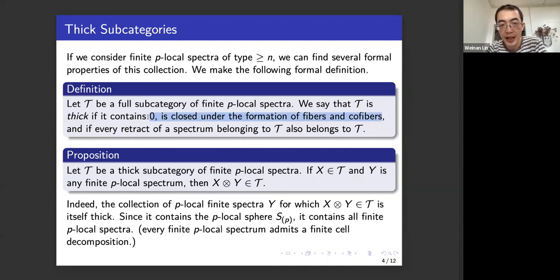And remember that if you form a cofiber of the zero map from X into the trivial spectrum, you can form suspensions. And if you think about the CW spectra, then you can slowly build up the CW spectra by taking cofibers. So in the end, you can construct all the finite p-local spectra.